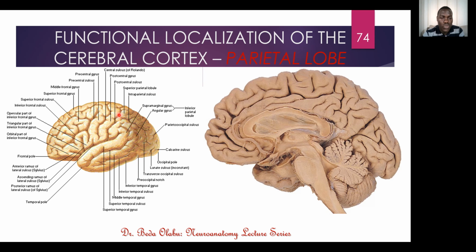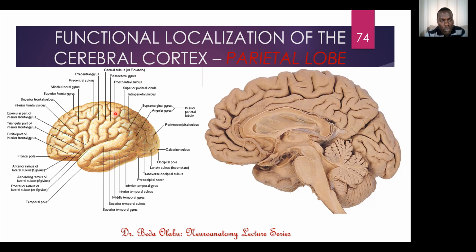I'll mention two key gyri, or rather three key gyri within the parietal lobe. There's a sulcus here. That sulcus helps us define a gyrus here. The gyrus is behind the central sulcus, so we can call it post-central gyrus.